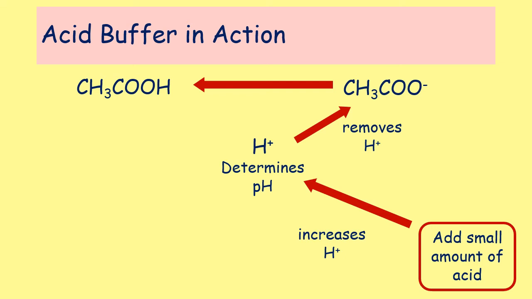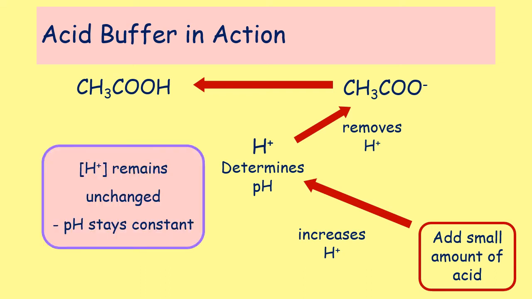And as a consequence, that's going to form some of the neutral acid. And again, what happens is that the concentration of H plus remains unchanged and allows the pH to stay constant. So a buffer solution allows you to deal with both situations.